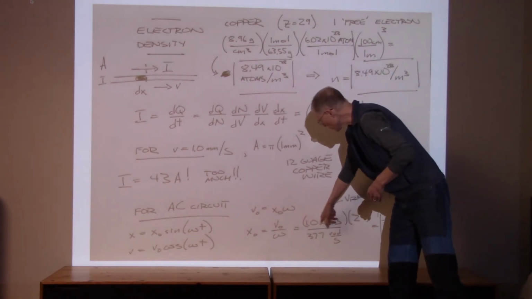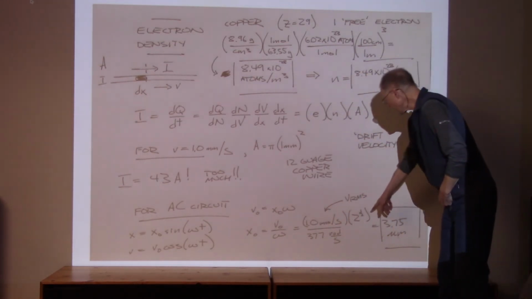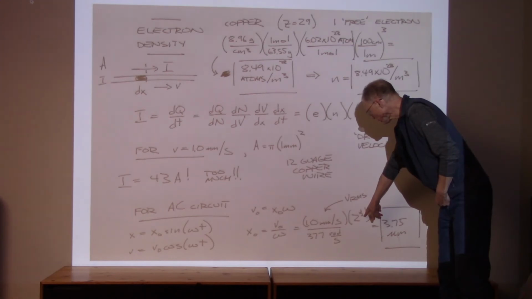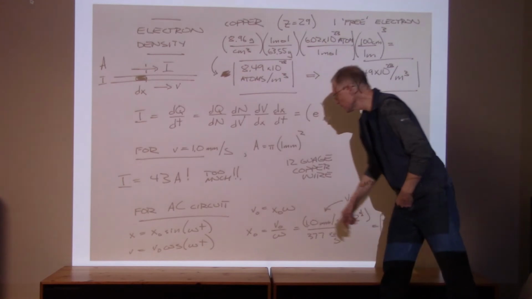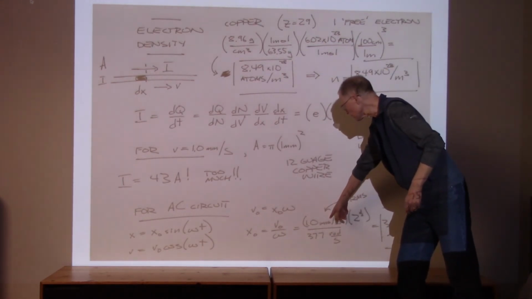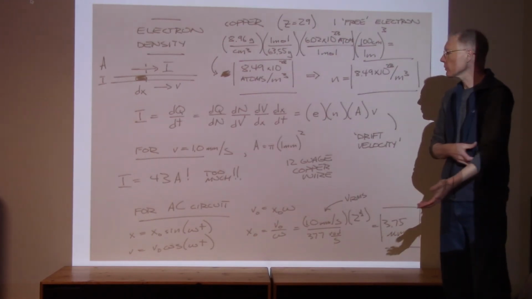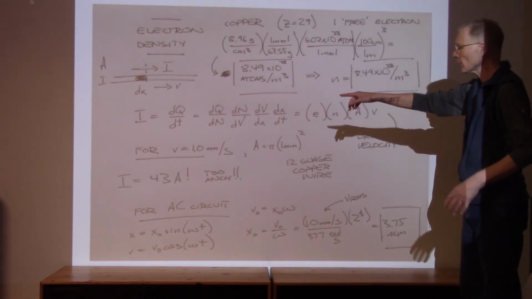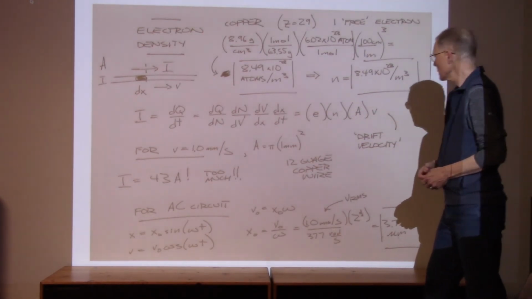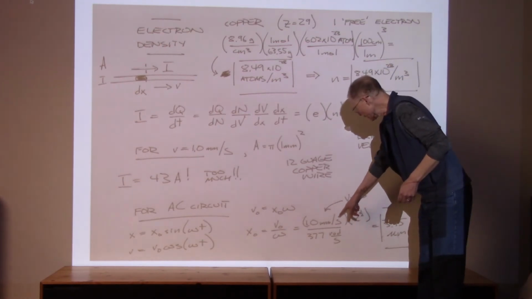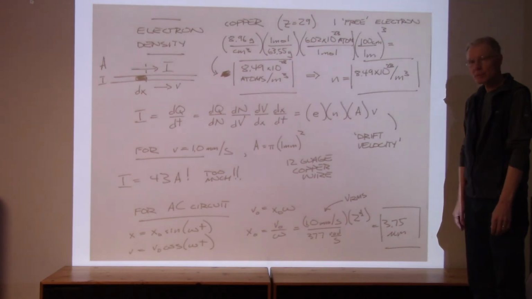And when I put those numbers in, the 1 millimeter and the 377 radians per second, now I gave this a boost of square root of 2 because it's a peak velocity, and the number we've calculated we should think of as RMS. So if I think of that as an RMS velocity, creating an RMS current, I'm trying to make sure that we're matching the effects here. Then the number I ended up with was 3.75 micrometers.